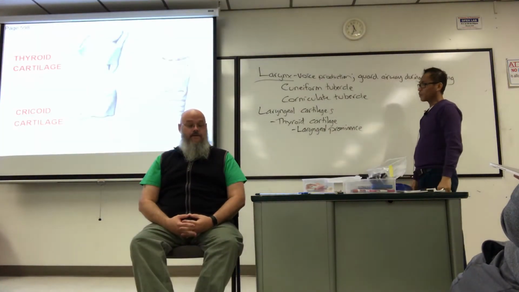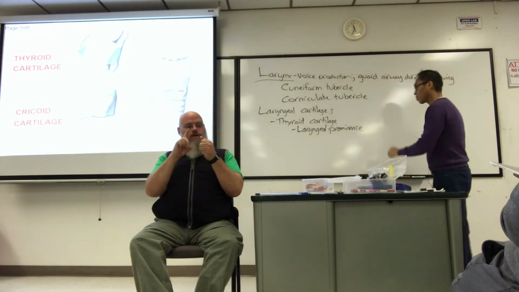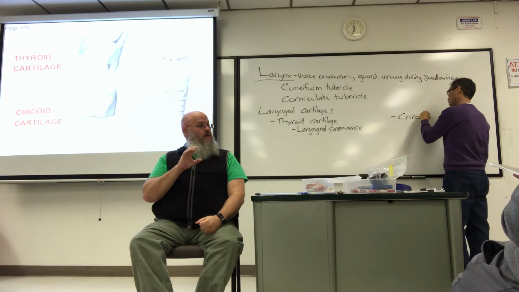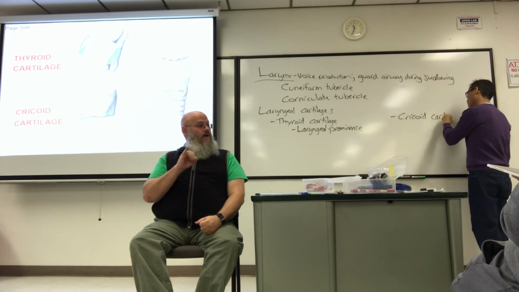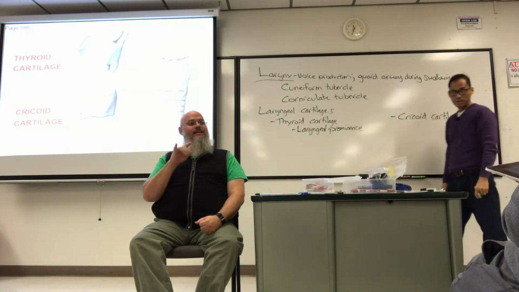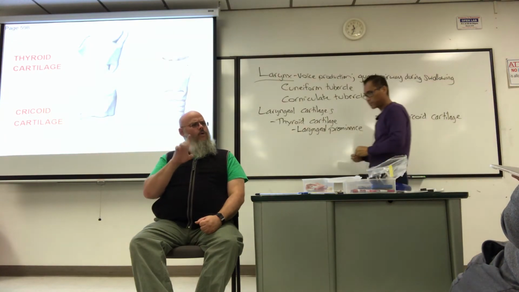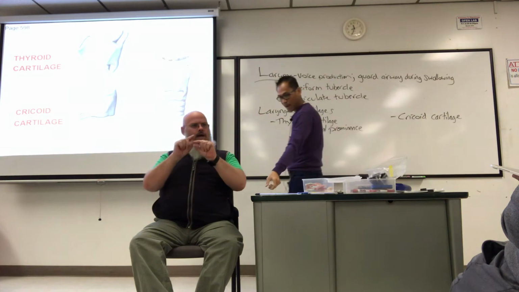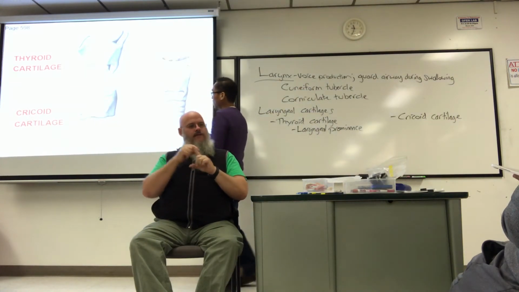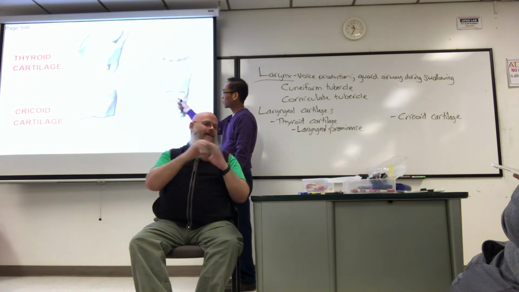Right below the thyroid cartilage is the cricoid cartilage. They say it looks like, well, cricoid means ring shape. So imagine a class ring, a man's class ring, and that would be the band of the class ring, right? So that's it right there.